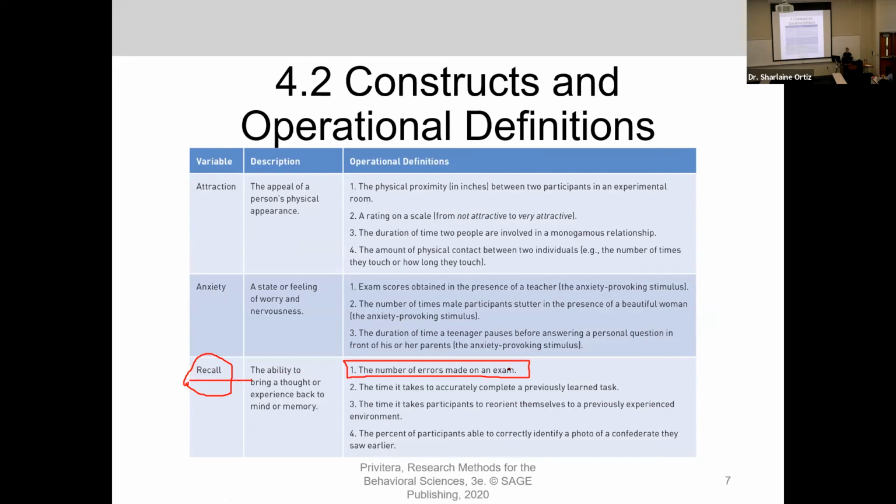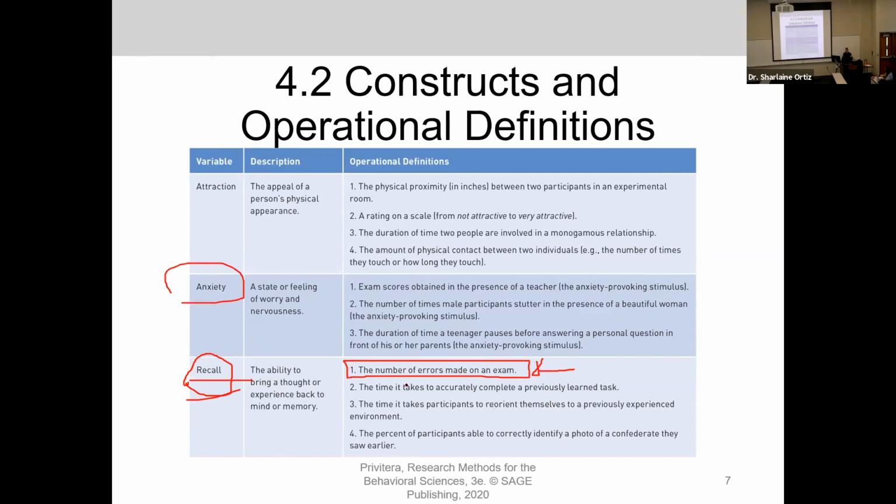And what do I mean? This is just one dimension to measure recall: the number of errors made on an exam. You could have made that error because you had anxiety and it had nothing to do with your recall. So notice that in this case, just having one dimension did not really help you to define and to measure that. Because sure, it can mean recall, but it can mean anxiety.